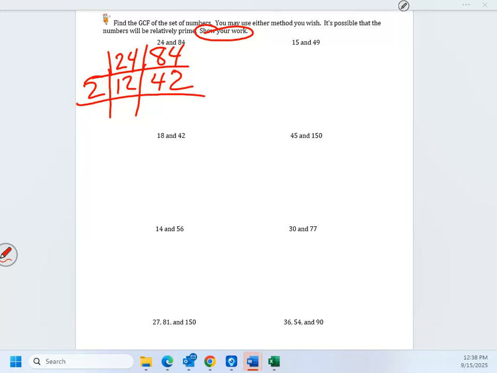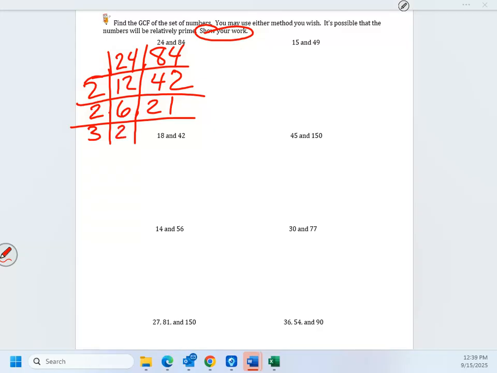What can I divide out of 12 and 42? I could do another 2. 12 divided by 2 is 6. 42 divided by 2 is 21. What can I divide out of 6 and 21? 3. Yeah.